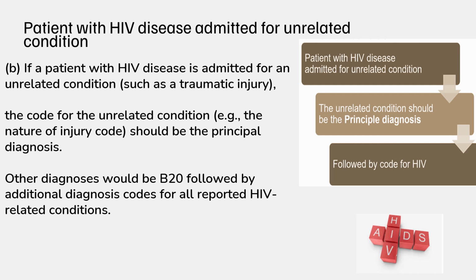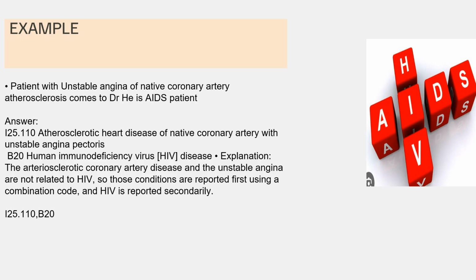But if he has some disease developed because of the HIV, then you will write B20, and then whatever the additional diagnosis for the HIV related condition. So, a patient with unstable angina of the native coronary artery atherosclerosis comes to the doctor, and he is an AIDS patient. How am I going to code this? I will code I25.110.